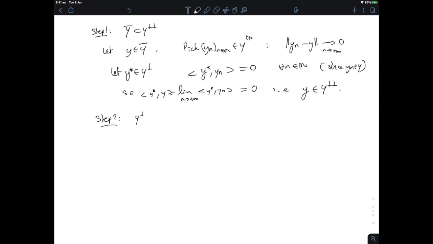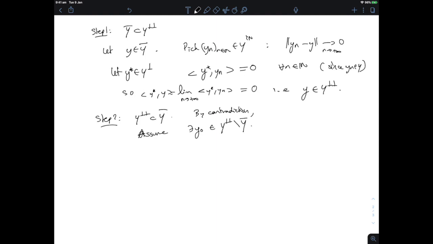Step 2, let's have a look at the other inclusion. So I want to do a reasoning by contradiction. So I'm going to assume by contradiction that there exists an element y naught in y perp that is not in y bar.